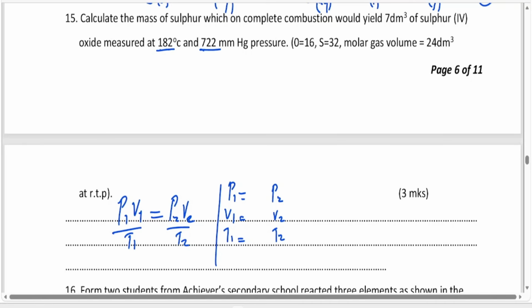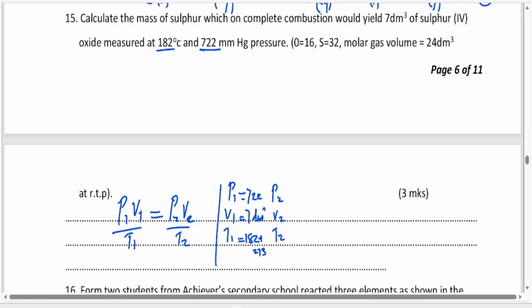So we are going to begin by substituting into this equation. Our P1 is 722, the one that we are given. Our V1 is 7 liters. Our T1 is 182 degrees Celsius, but remember, we shall add 273.